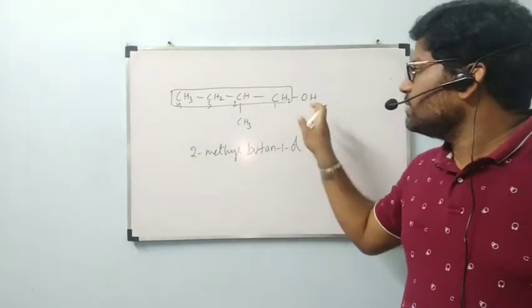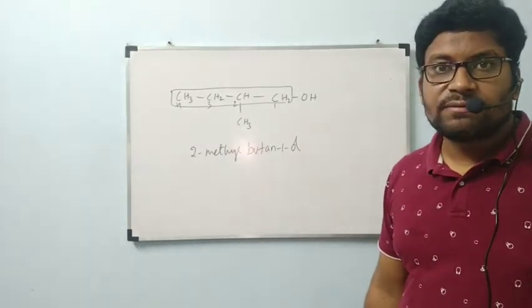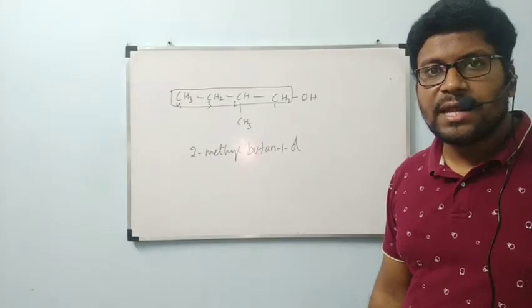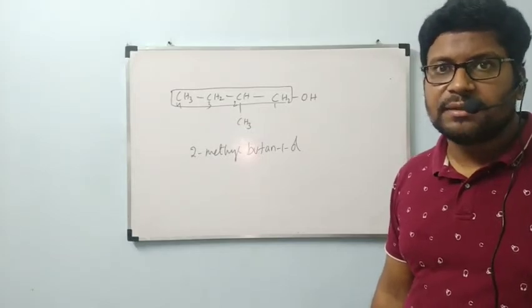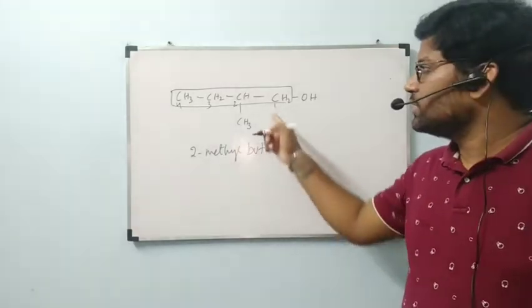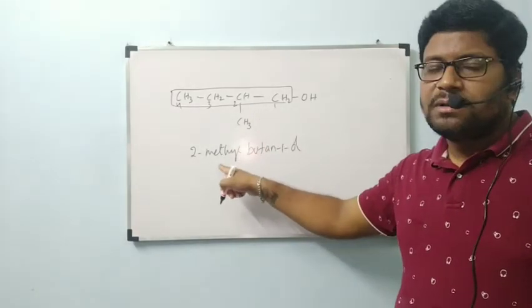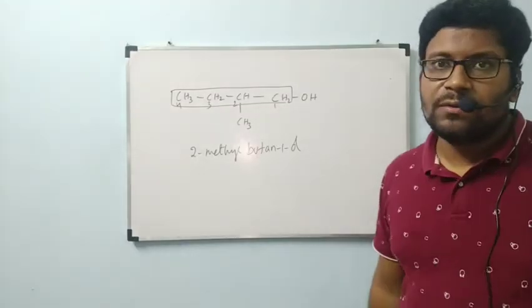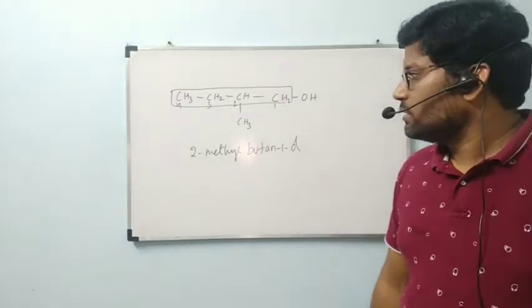We have a side chain and an alcohol group. Alcohol is the functional group and must be given higher priority, getting the least number. So from here we started numbering, and the methyl group is on second carbon. 2-methylbutan-1-ol is the name of this compound. Next compound.